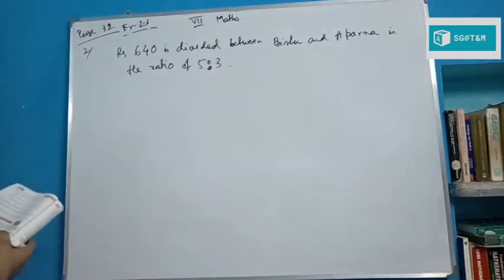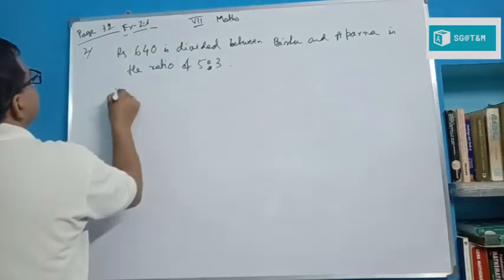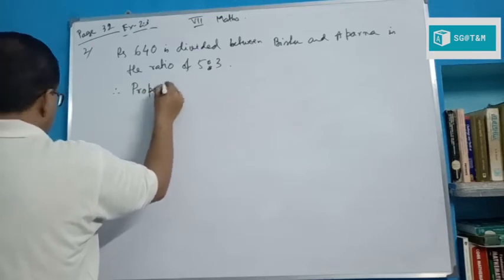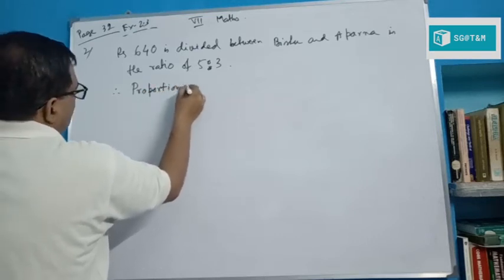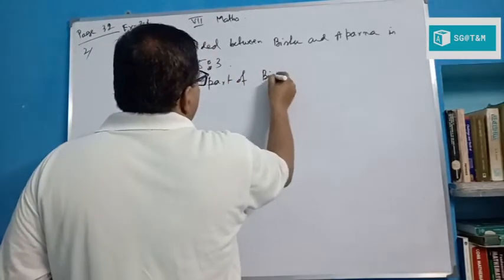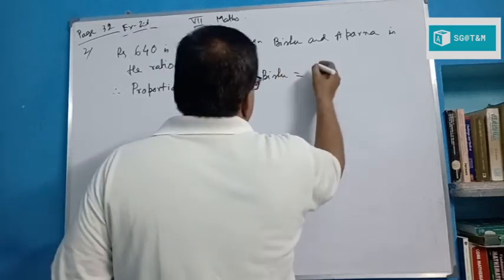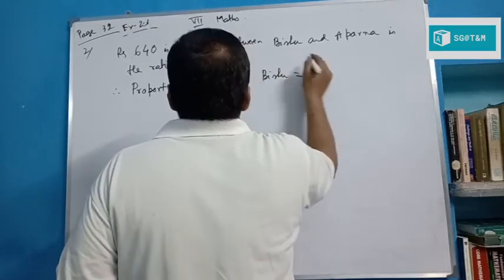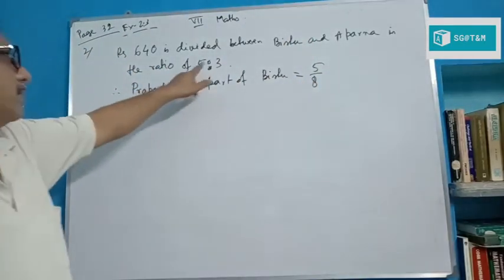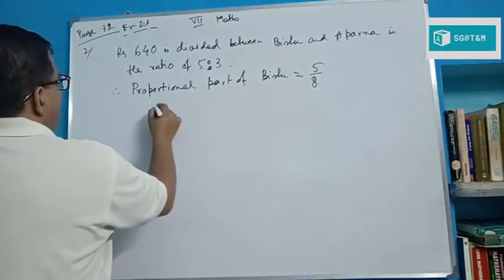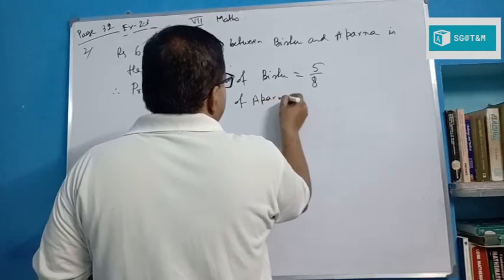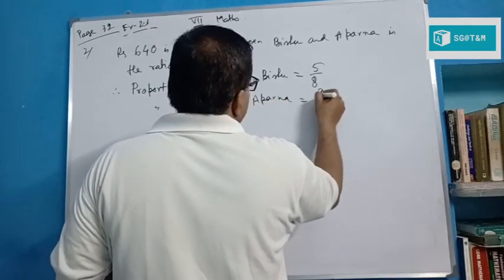So the proportional part of Bishu is equal to 5 by 8, total 5 plus 3, that is 8, and the proportional part of Aparna is 3 by 8.